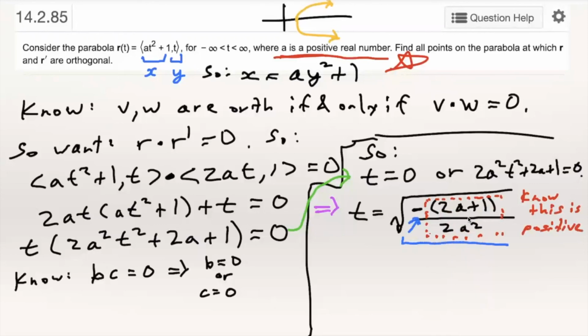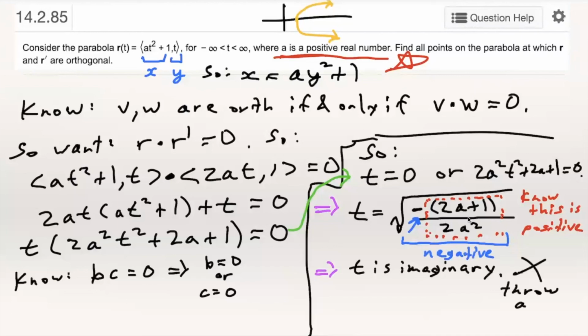So therefore, this is a negative number, and we're taking the square root of a negative. So in this case, t is imaginary. So that's a non-solution. It's not on the parabola, unless we're dealing with complex calculus on the complex plane. We're not doing that. So we just throw that away just as we would in any previous calculus class.